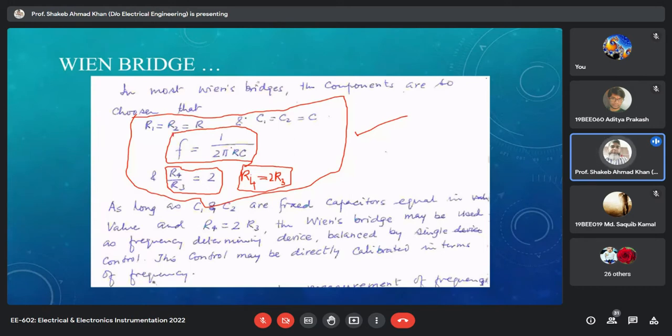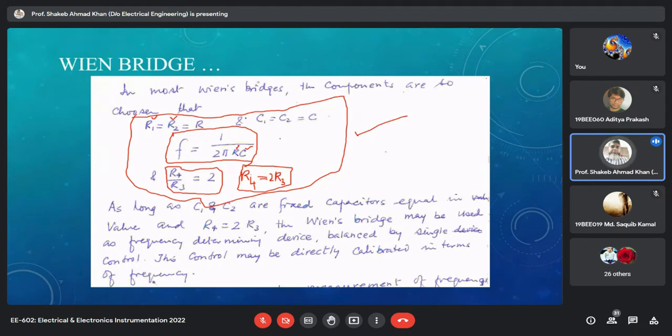This equation can be satisfied either by varying R or by varying C. Obviously, we don't prefer to have a variable capacitance, so we will have a variable resistance. If we vary R1 and R2 simultaneously, this bridge will behave like a single control bridge.